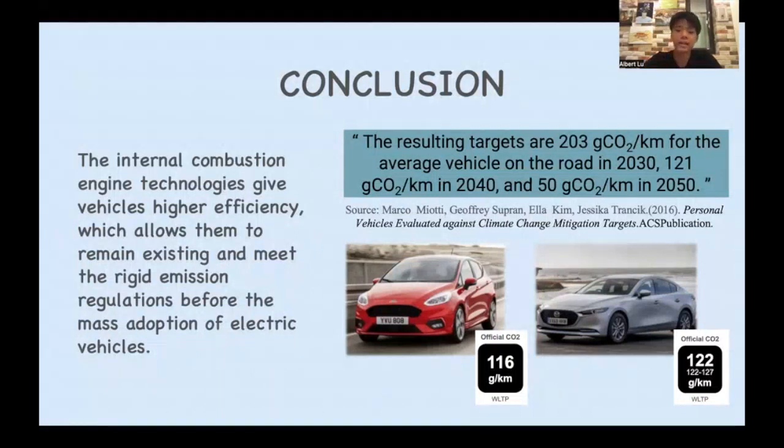We can see that in the passenger car market, some of the vehicles actually achieve the 2040 goal, for example the Ford Fiesta or Mazda 3. And it again shows that the internal combustion engine has the potential to be more efficient and also to exist for longer than people expected.